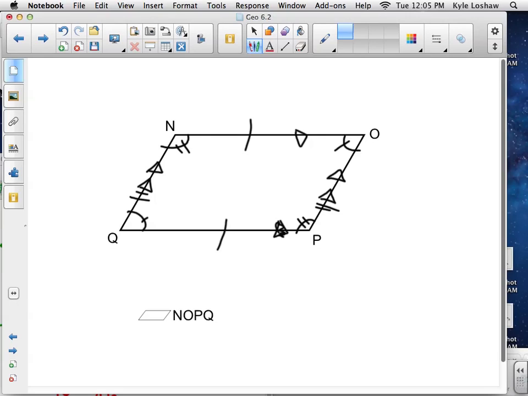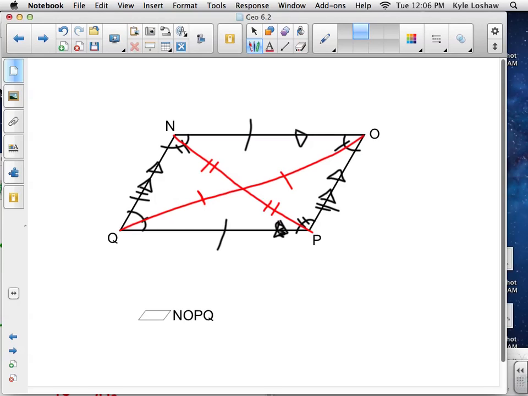And what else do we have? We're going to change the color up here. The diagonals, right? There's something about diagonals. The diagonals bisect each other, which means those two would be congruent and those two would be congruent, right? And what's the last one?